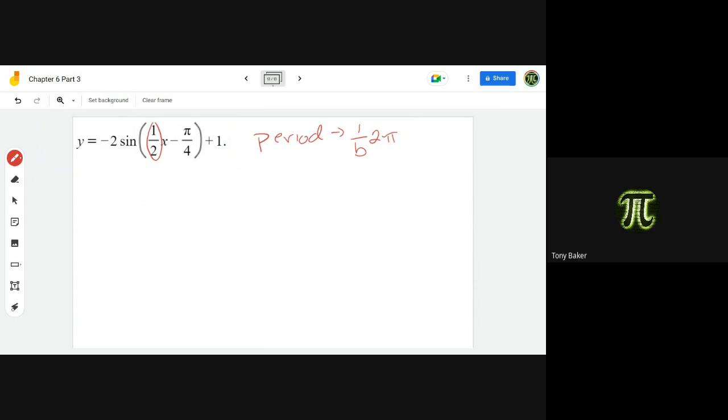So it's y equals A sine B(x plus C) plus D. All right, so your period is 1 over B times 2 pi. So in this problem, that's 2 times 2 pi, which is 4 pi.